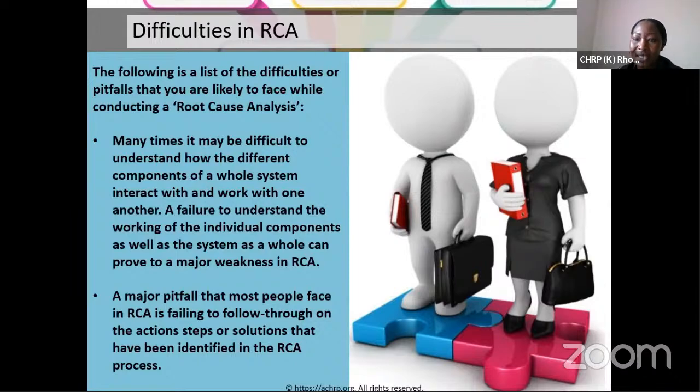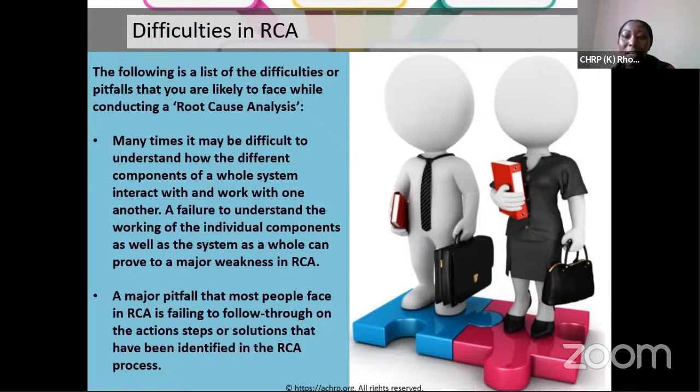So the first thing is to understand each component individually, and also try to interlink them and understand them as a whole. Failure to interrelate and to understand them in that context is likely to lead to some problems in the root cause analysis.